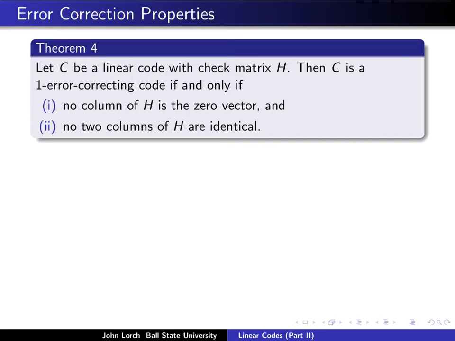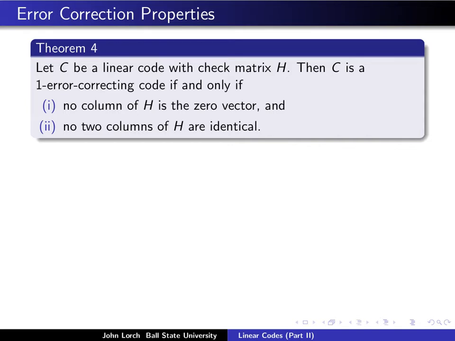In fact, that's illustrated here by this theorem that says if you've got a linear code and you want to know whether it's a one-error correcting code, all you have to do is form the check matrix, and then if no column of the check matrix is the 0 vector and no two columns of H are identical, then you know immediately that the code is a one-error correcting code.